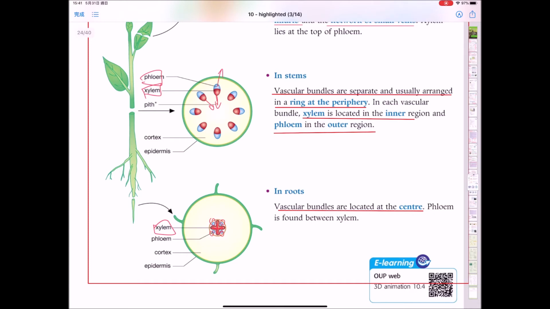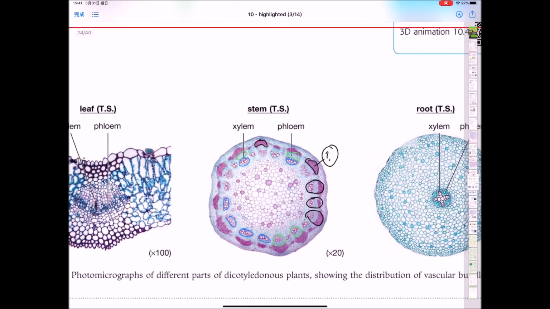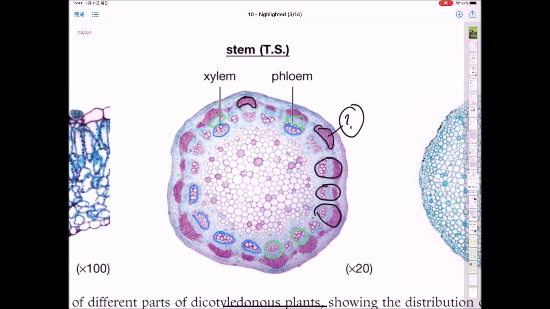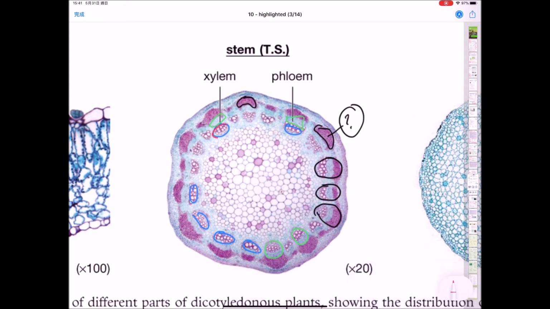But we need to know that in the question, we are not always looking at the drawing diagram. Most likely we shall study the structure in photomicrographs. So just like this, what you can see in this part, for example, this red part, they are all the xylem vessel.